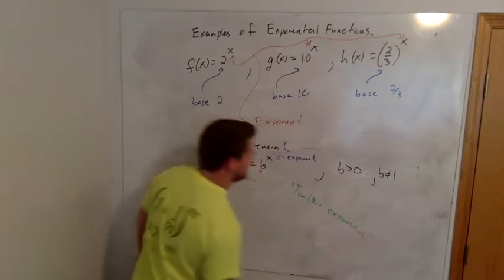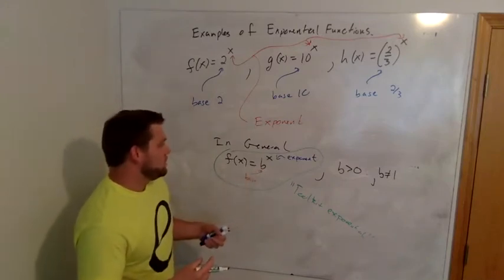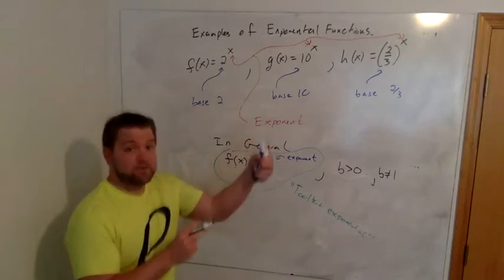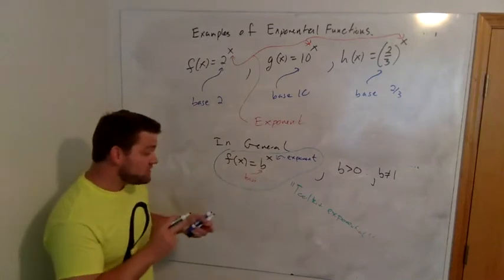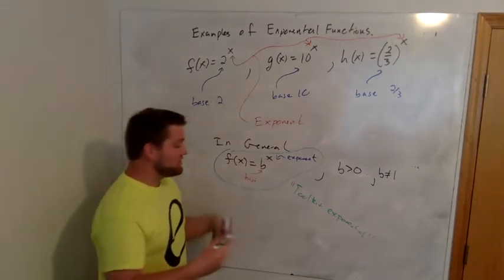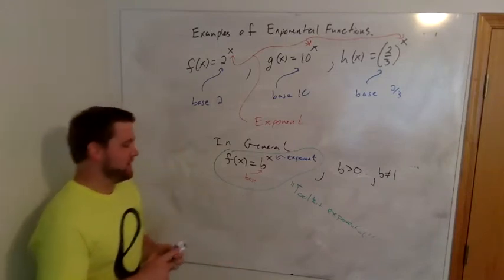The graph will look different for different bases, but then we can take that graph, shift it up and down, shift it left and right, stretch it, and compress it. But for right now, when we have just something of the form b to the x, we'll call this the toolkit exponential, and then we're going to think about transforming them soon.